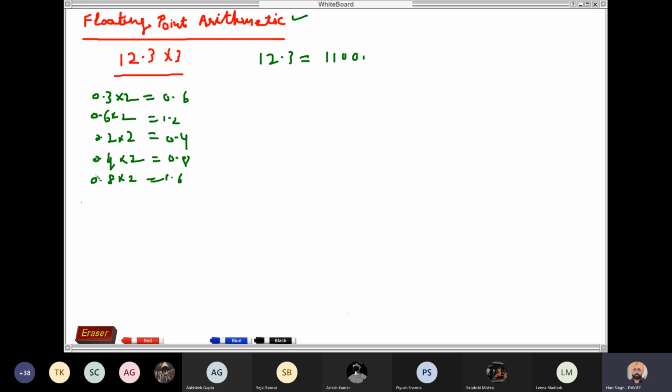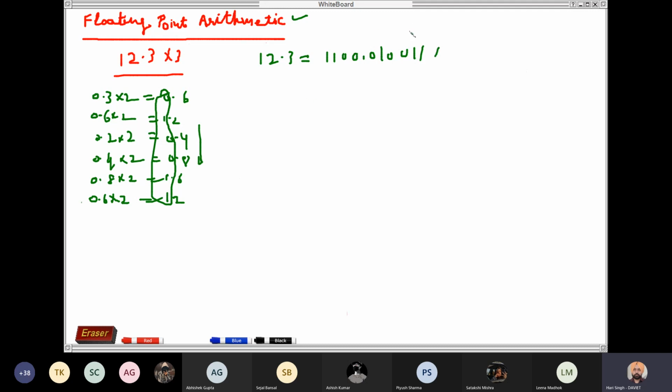Am I right? Then 0.6 into 2, it will be 1.2. Now you will see the repeating pattern, 1.2, 0.4, and so on. So after that, you can write these bits. It will be 0, 1, 0, 0, 1, 1. Let us write up to this.